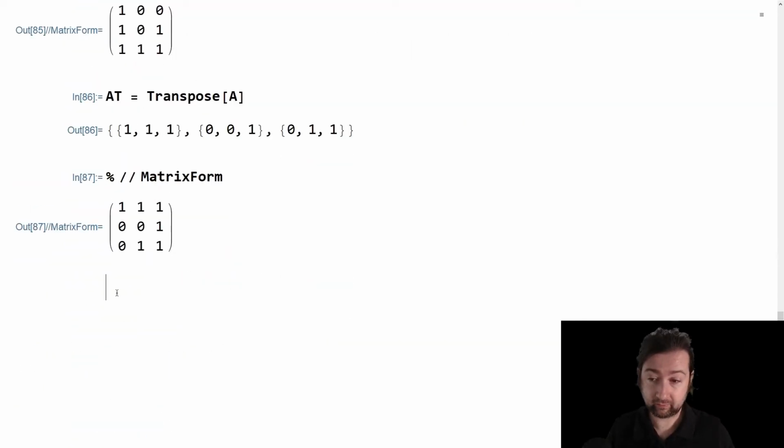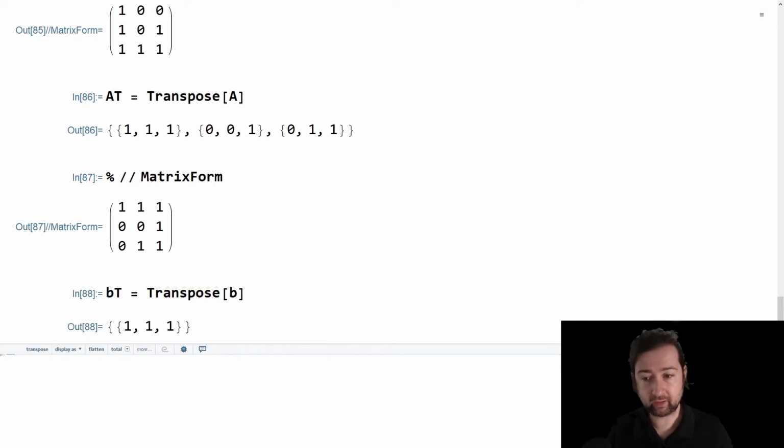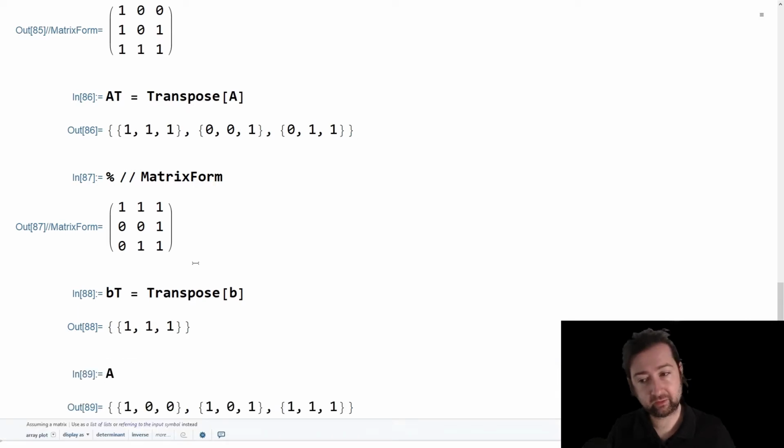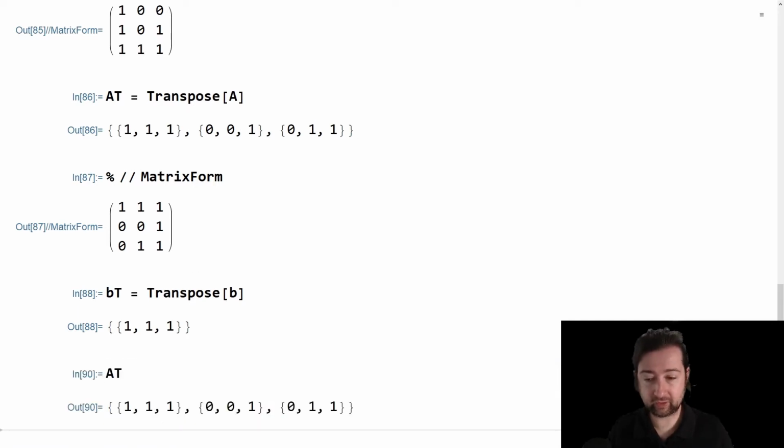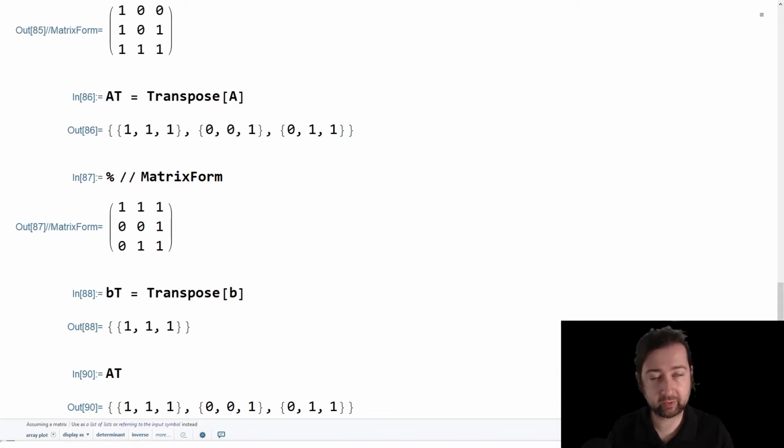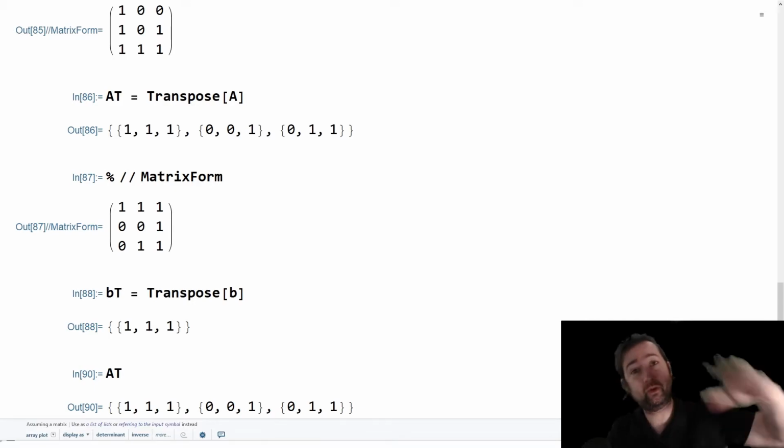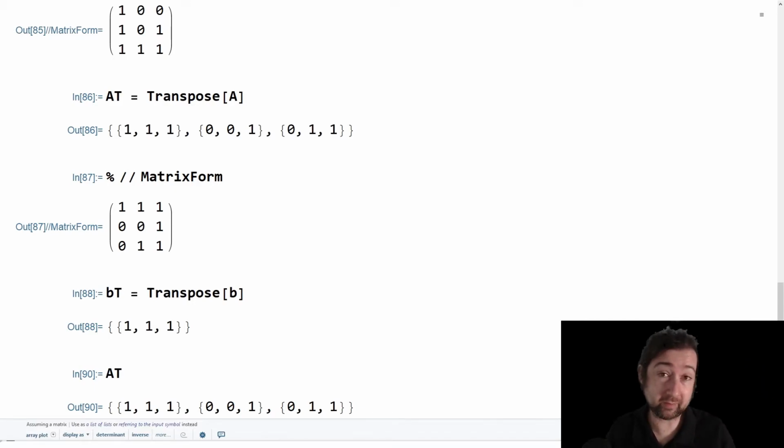So let's write down B transpose. So B transpose is going to be equal to the transpose of B. So now I have the transpose of A, and I've got the transpose of B, and I want to glue the transpose of B onto the transpose of A as an extra row, and then I'll just turn the whole system back into what I want, the augmented matrix, by taking another transpose.